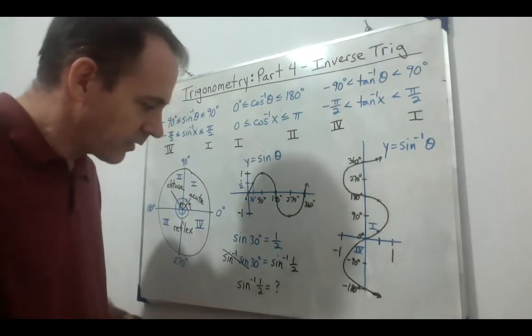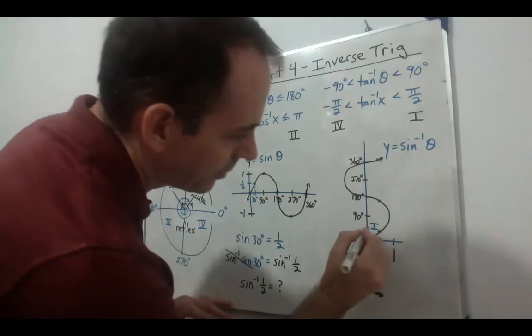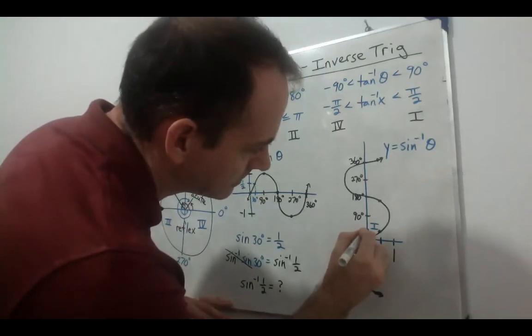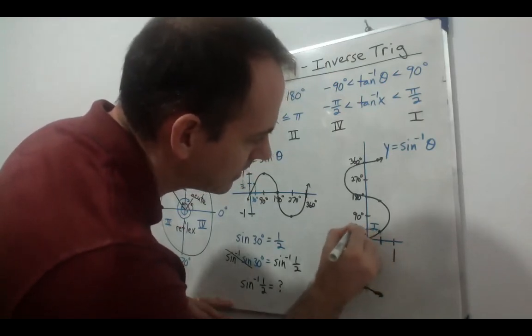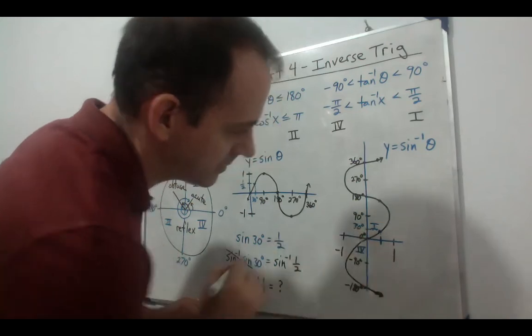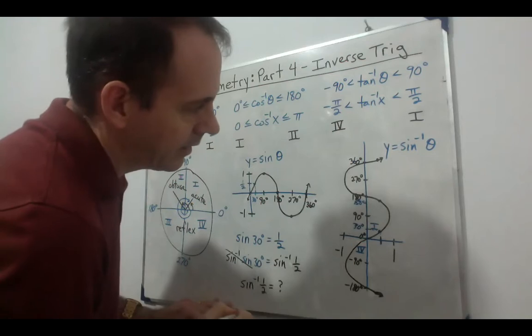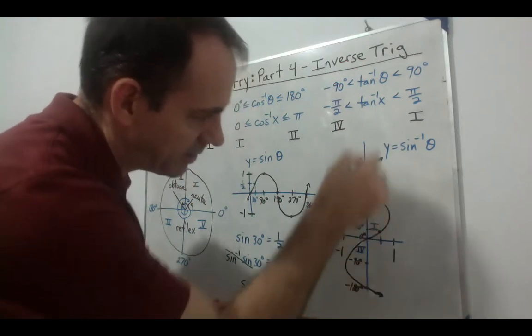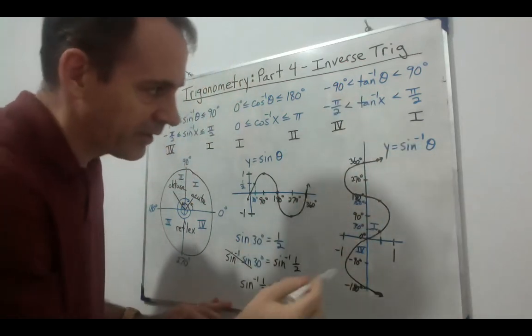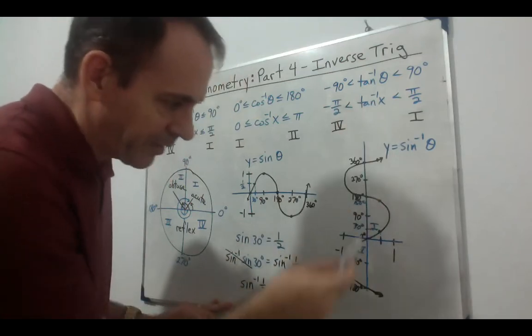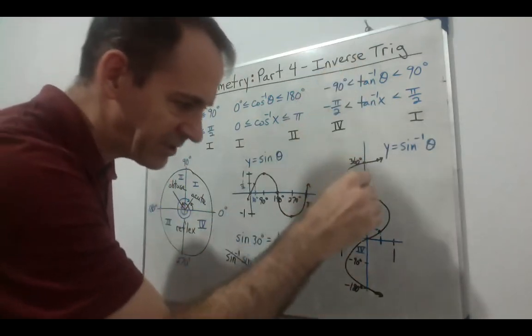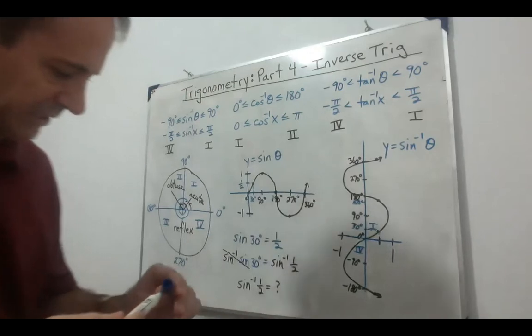So yes, 30 is one of those solutions, but so is 150, and so on and so forth. It continues both in the positive direction as well as in the negative direction.